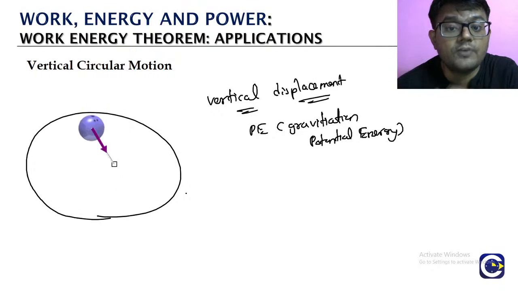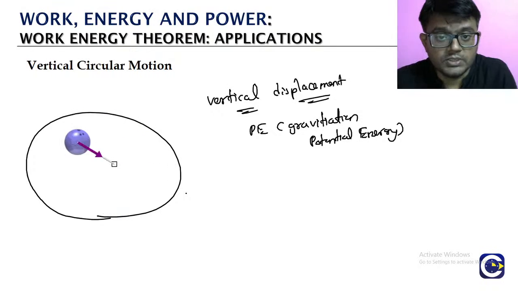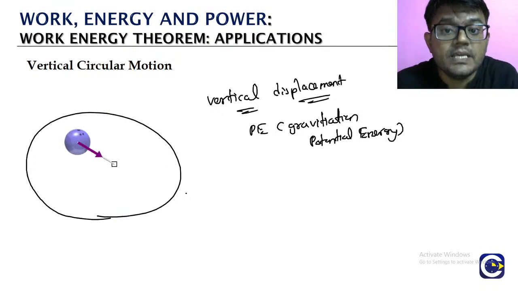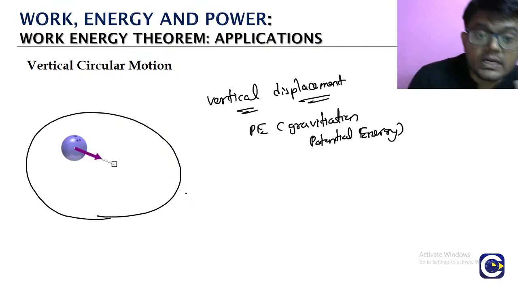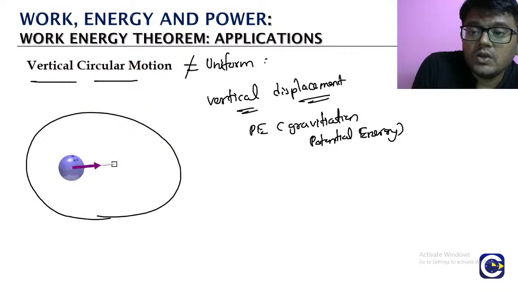But here you cannot call it uniform circular motion. Why? Because the velocity magnitude will be changing during the circular motion. So vertical circular motion is not an example of uniform circular motion.